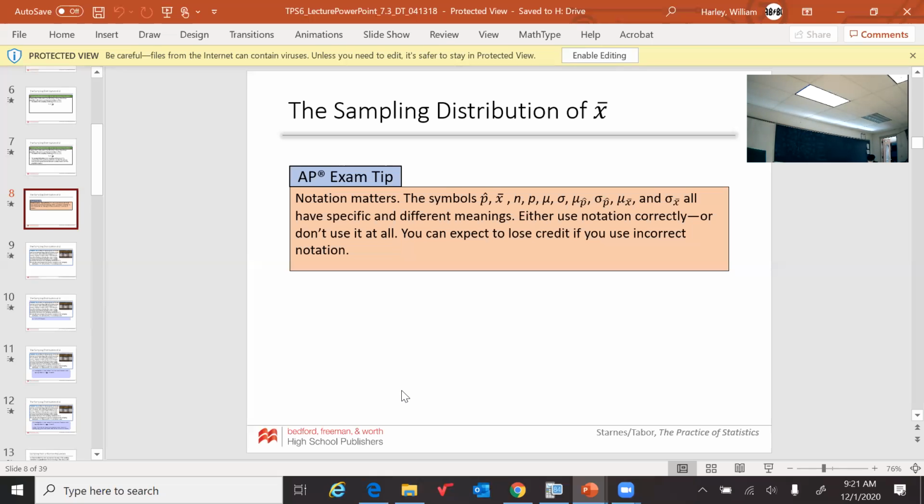Sigma of p hat is the step for that distribution. Mu of x bar is the center of the distribution of sample means, and sigma of x bar is the step of that distribution.